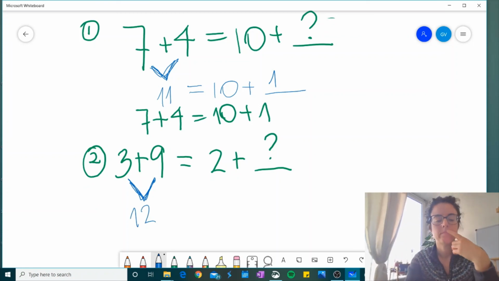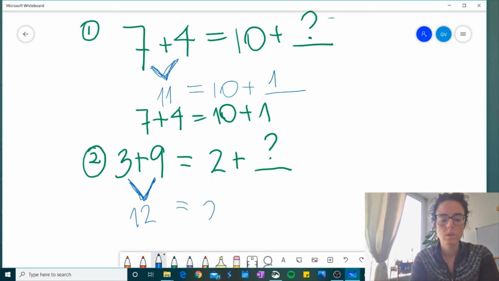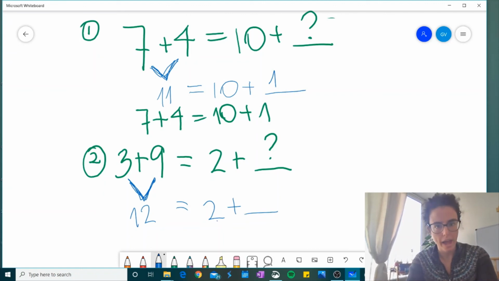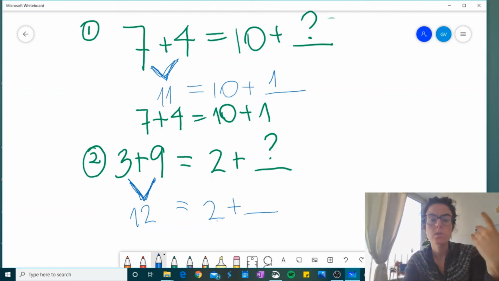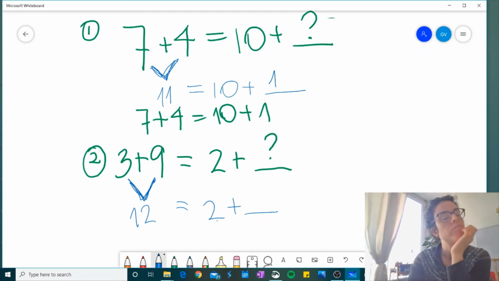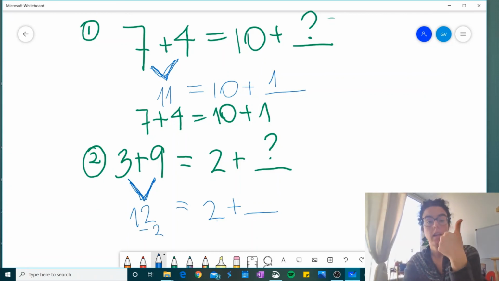Okay. So, how do we get 12 from 2? What do we need to add to 2 to get to 12? Well, if I have 12 and I take away 2, 12, 11, 10.